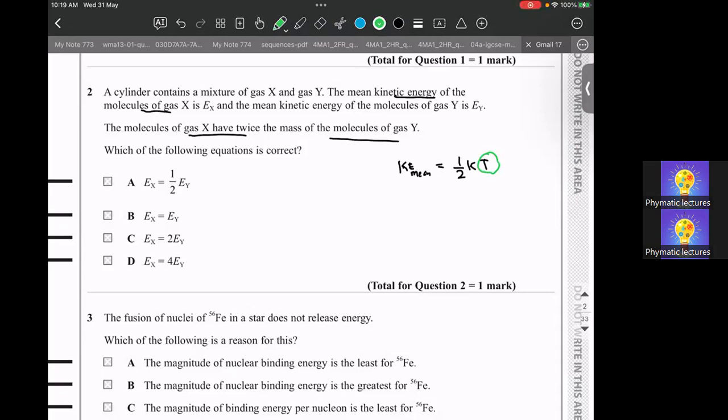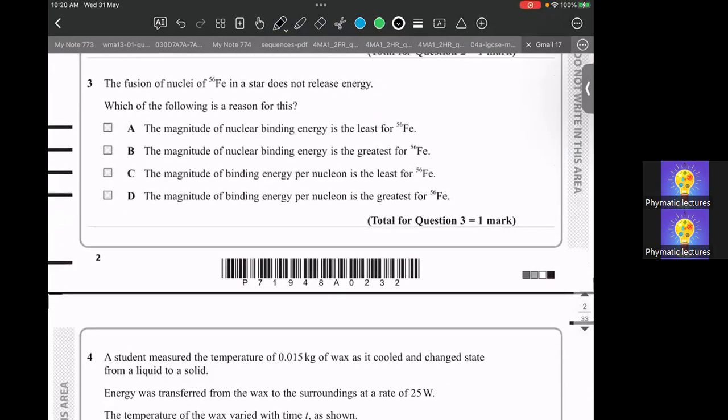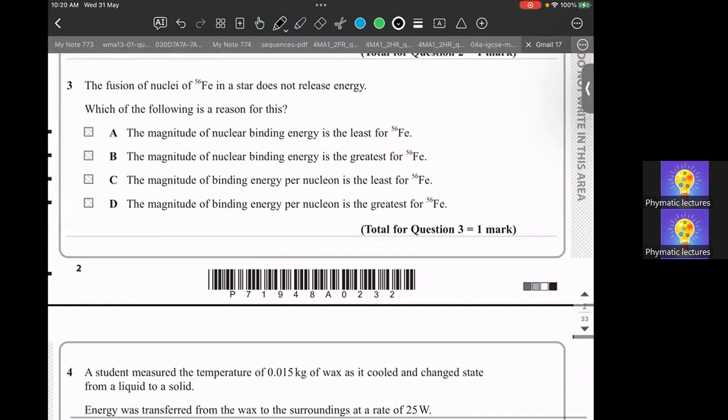Mass is independent, because the numerical factor is a constant and k is the Boltzmann constant, which is also constant. So kinetic energy is proportional to temperature. Since there is no clue about any temperature change, we can say the kinetic energy of a molecule of gas X and of a molecule of gas Y are exactly the same. So the option for this is B. B is the correct answer. Clear? Okay, move to question number 3.